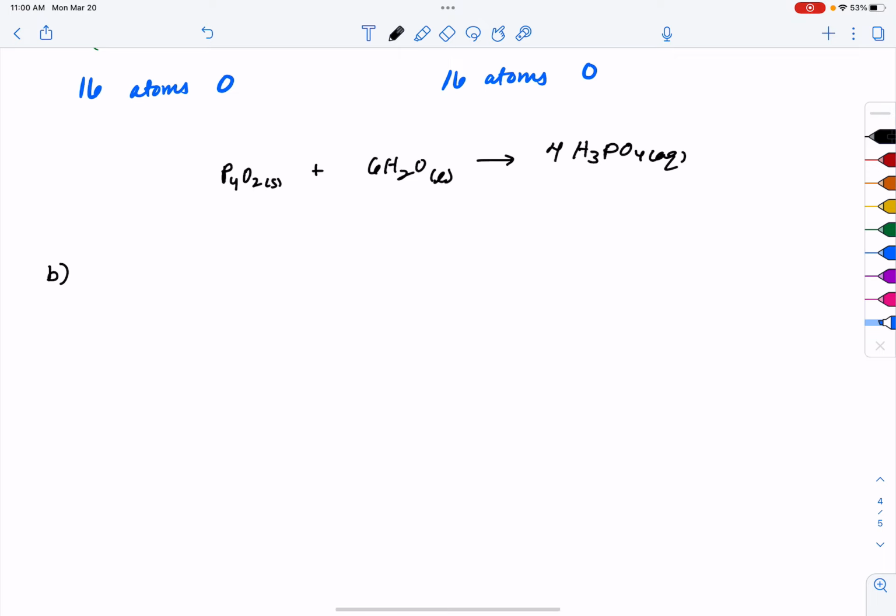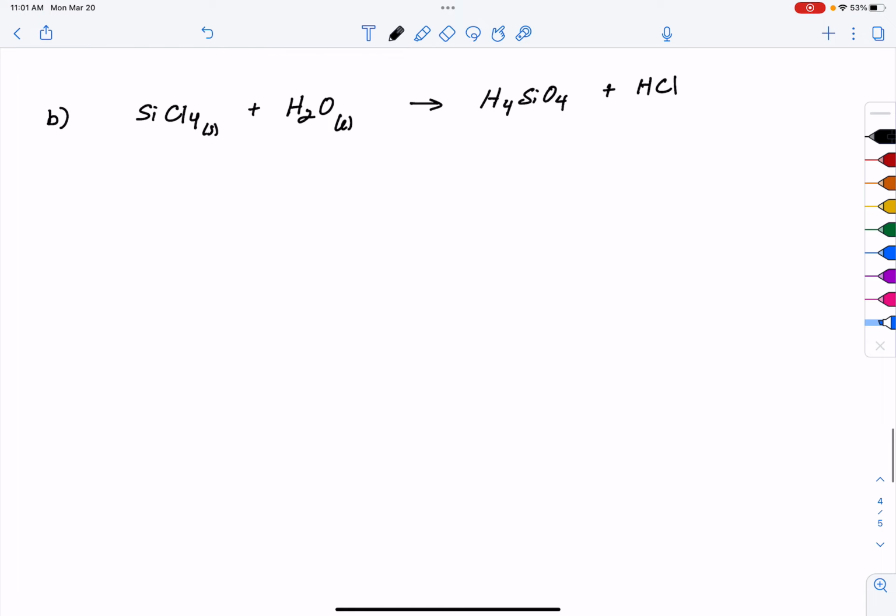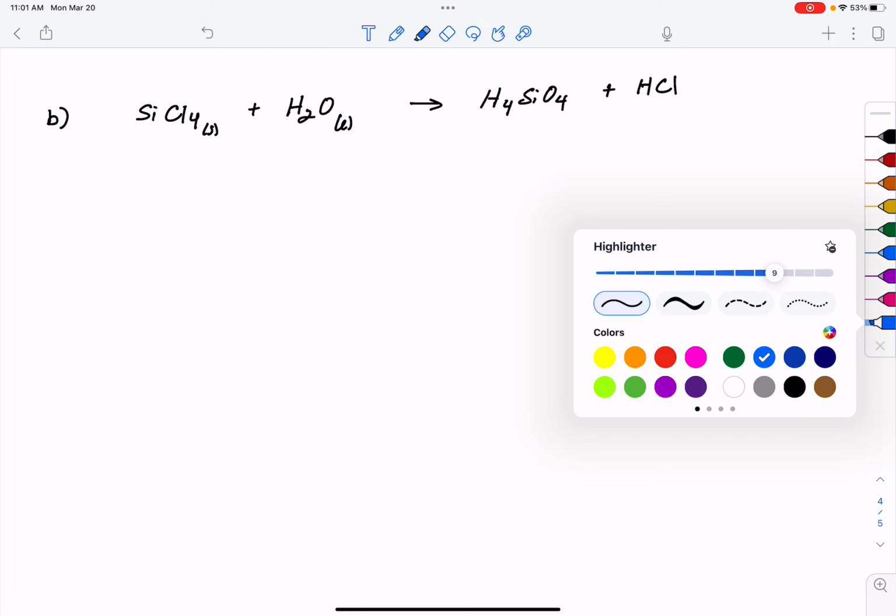Okay, let's do another one. SiCl4 solid plus H2O liquid, forming H4SiO4 plus HCl. We now need to keep a tally of what's going on where.